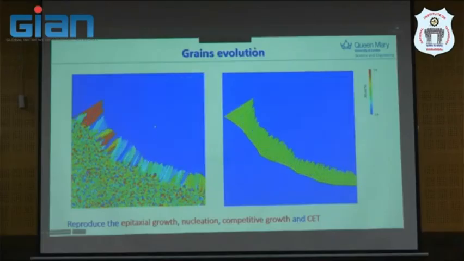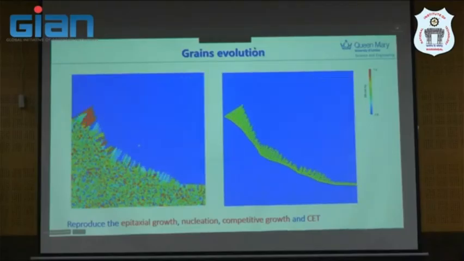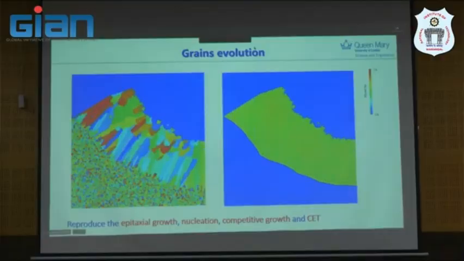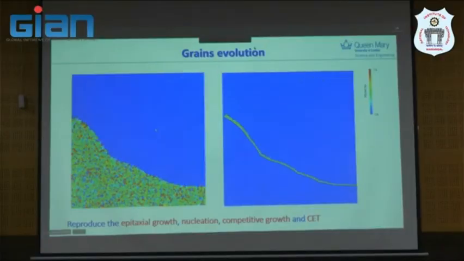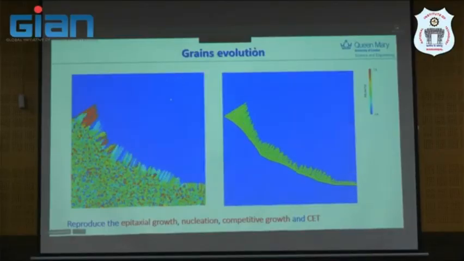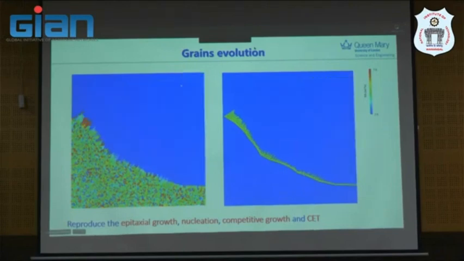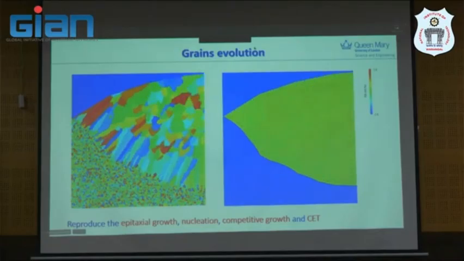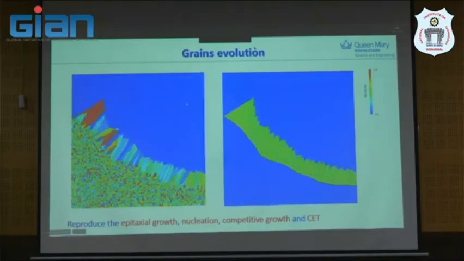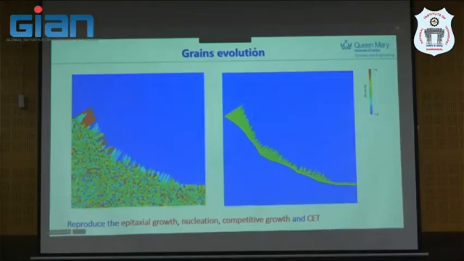The columnar grains and the equiaxed grains compete in growth. Finally, at the top of the metal pool, the columnar-to-equiaxed transition is found.